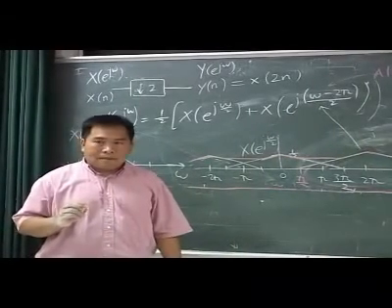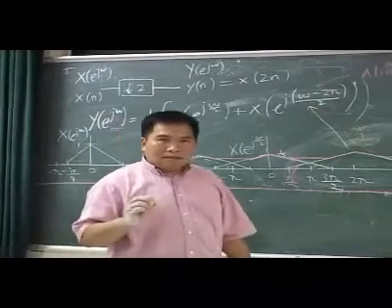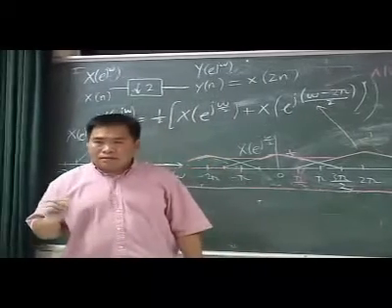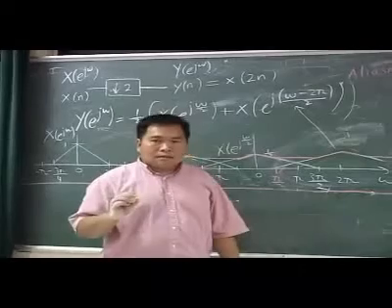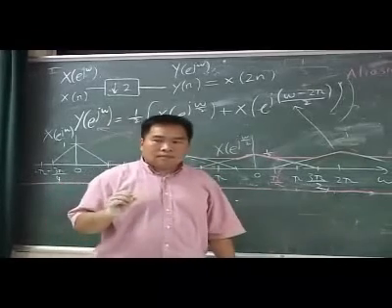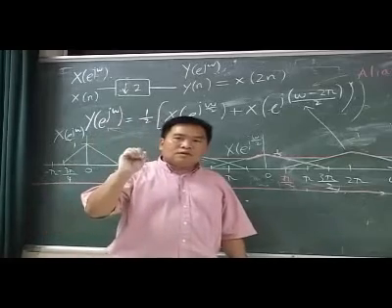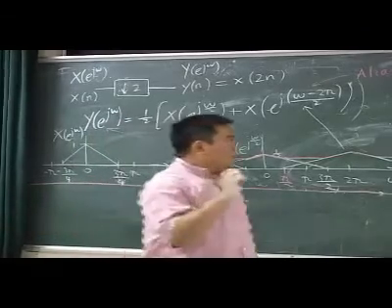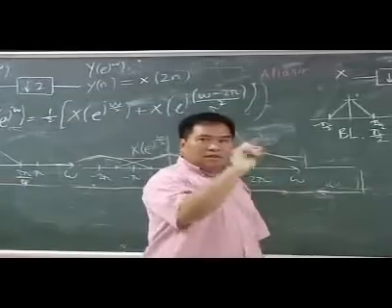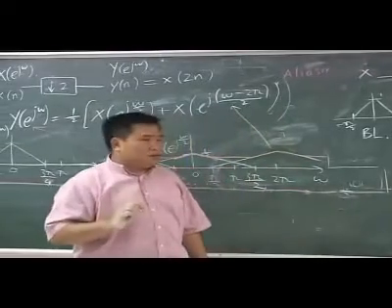I think that every odd sample must be zeros. So this is bandlimited to minus pi over 2 and pi over 2. If every odd sample is 0, then you have the imaging problem. So it's not bandlimited to pi over 2.